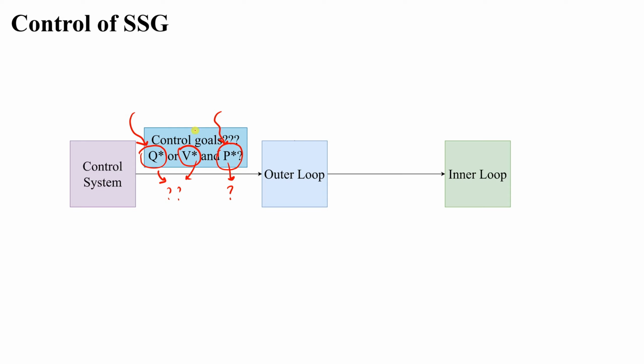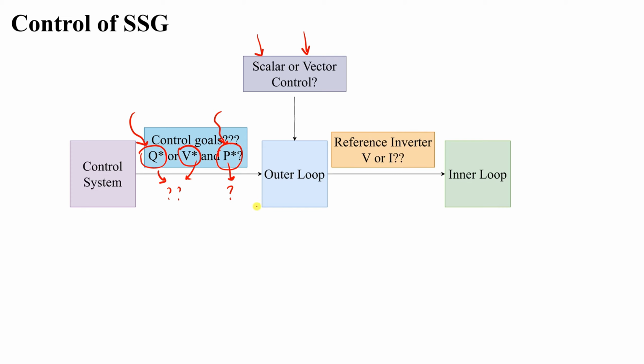So by using this in the outer loop, we will get the reference, or before this, we will use scalar control or vector control to get the required reference currents or reference voltages from these reference values. What I mean is, if I have P active power and Q reactive power, these are the reference values that I need, right?